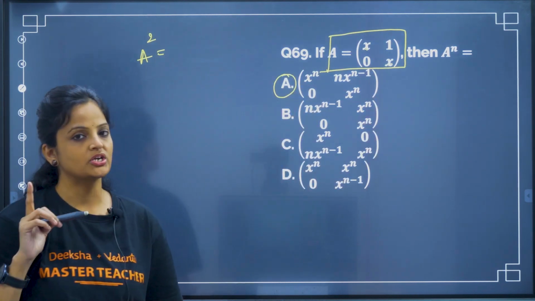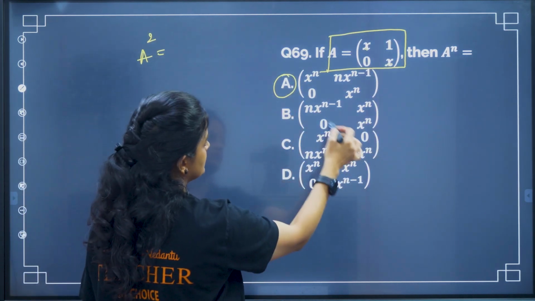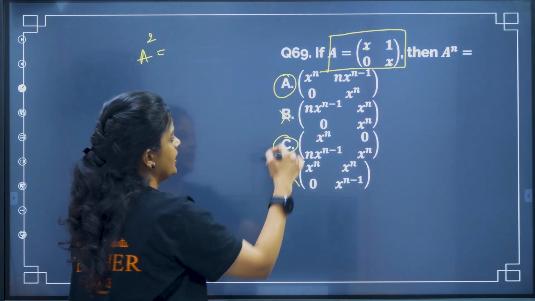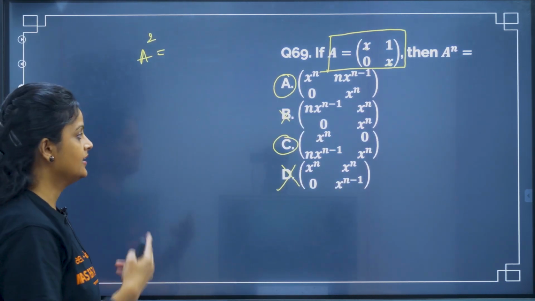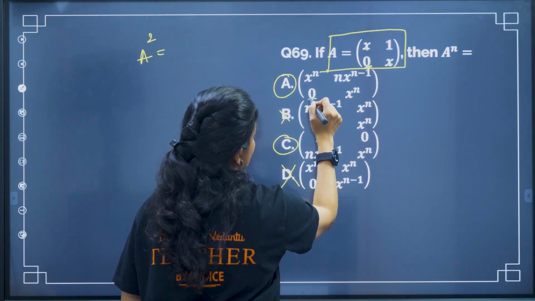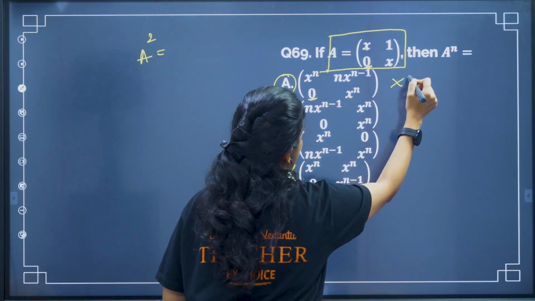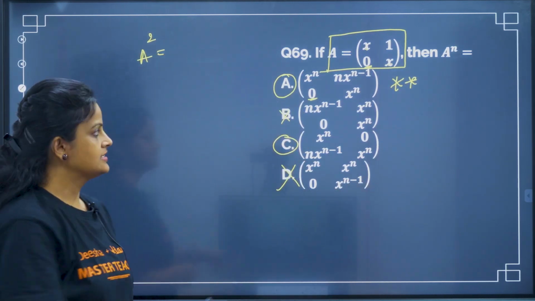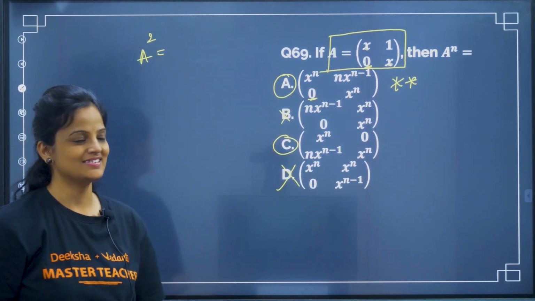I think it is option A, because in all of this, the diagonal here has 1. Okay, it's between A and C. So let's see the other entries also, because here I am getting 0, here I am getting 0. So my strong feeling is option A.